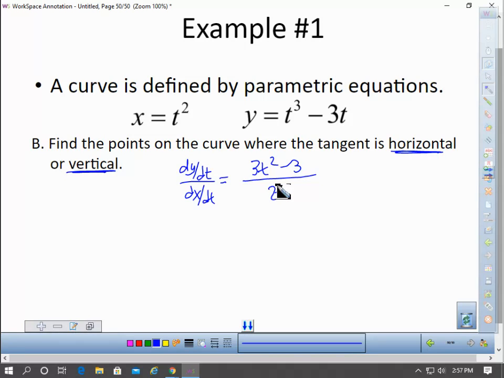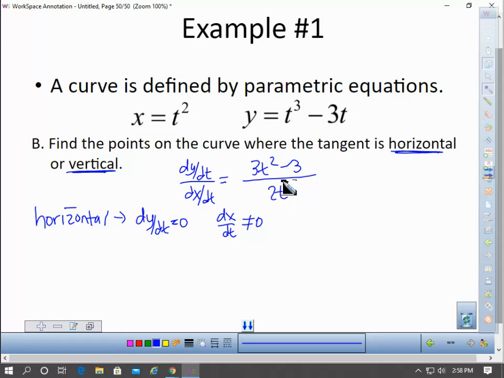Now, something that is different in this particular set of problems, because it's parametric equations, and your t value is in both the top and the bottom, is that for horizontal, the dy/dt, which is your numerator, equals 0, but the dx/dt cannot be 0, because I can't have 0 over 0.